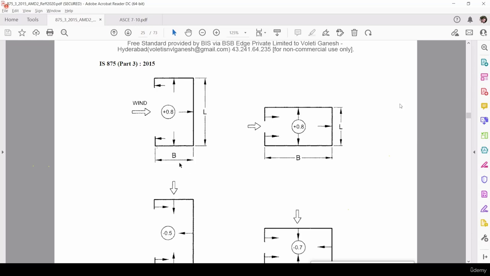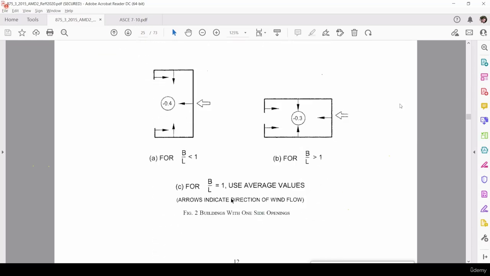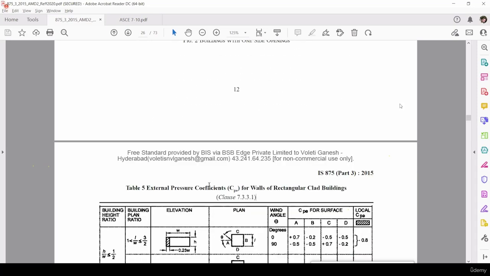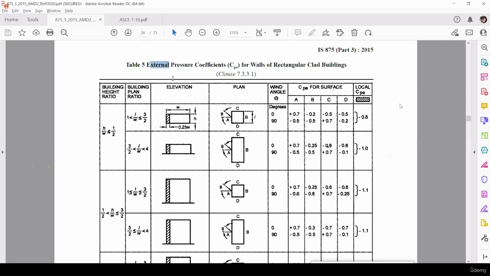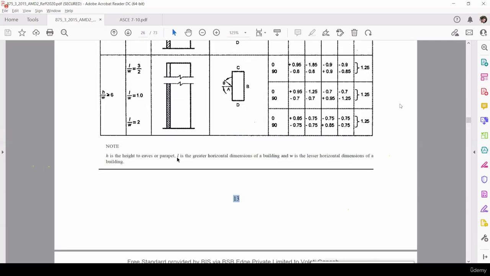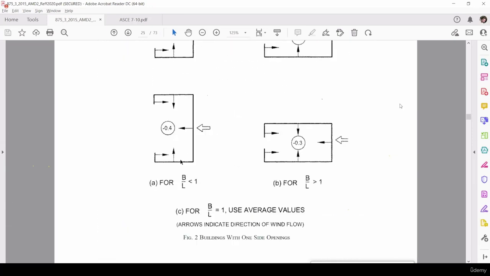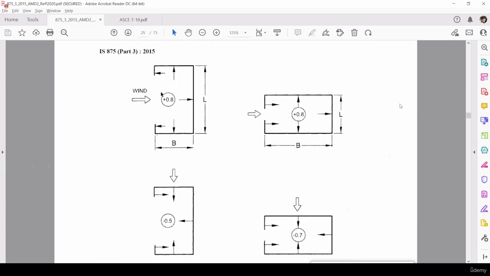Just one thing I want to tell you, there will be no change in the external wind coefficients. Always, external wind coefficients are defined in table 5 for walls and table 6 for roof. If you see in the diagrams also, just I have not used these cases till now, but I am telling you that these coefficients are applying inside.